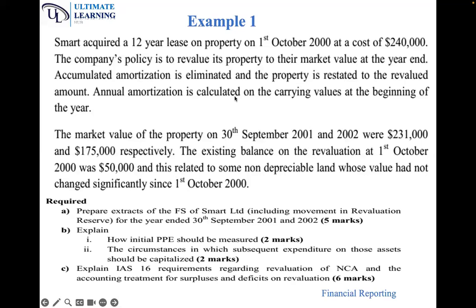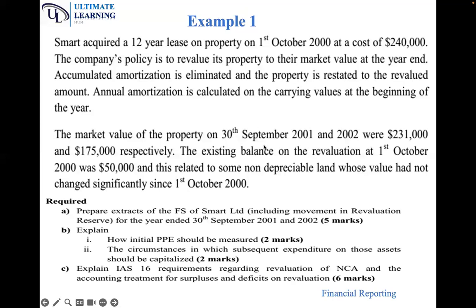Annual depreciation, but we are supposed to use amortization, is calculated on the carrying values at the beginning of the year. The market value of the property: remember we acquired it on 1st October 2000. So the first year, a year that starts on 1st October 2000, ends on 30th September 2001.